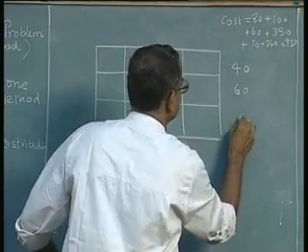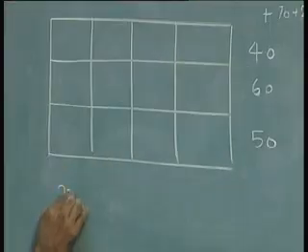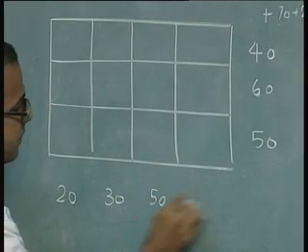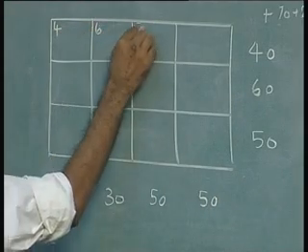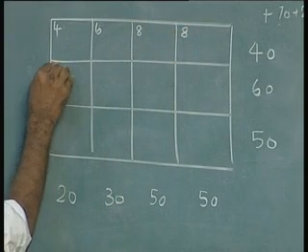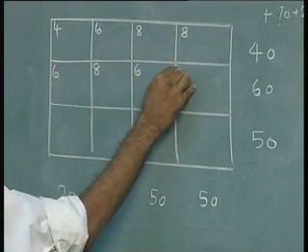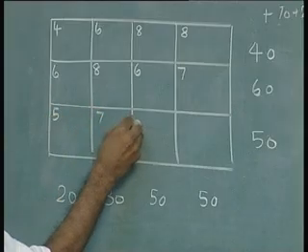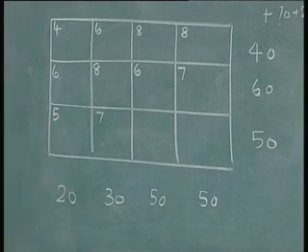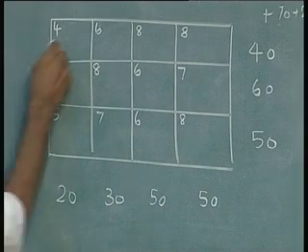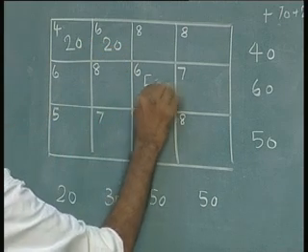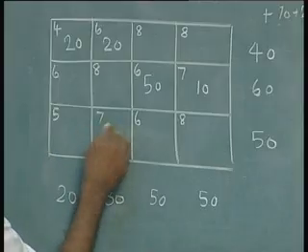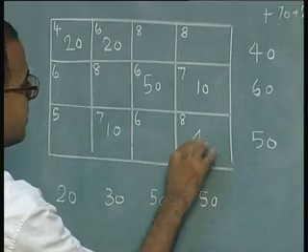Supplies are 40, 60 and 50, demands are 20, 30, 50, 50, costs are 4, 6, 8, 8, 6, 8, 6, 7, 5, 7, 6, 8, and we begin with a basic feasible solution, the same solution with which we started: 20, 20, 50, 10, 10, 40.